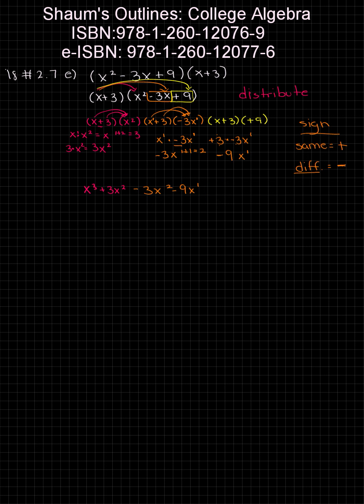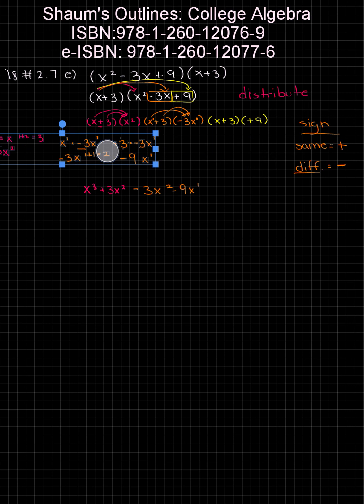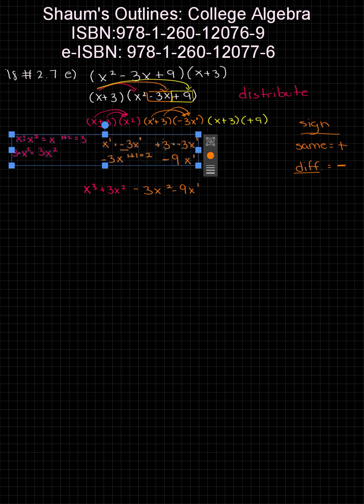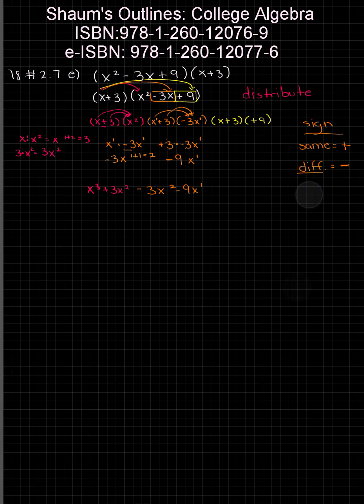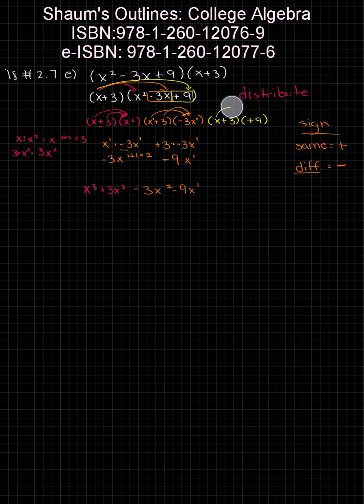Lastly, I have x plus 3. Let's move all these over. I have x plus 3 times 9. So I'm going to do x times positive 9. I'm just going to mash it together, right? So this gives me plus 9x.